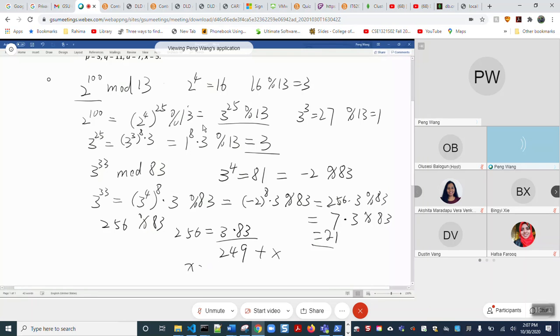Then we know x equals 7. So this 256 mod 83 is 7. Okay, thanks.